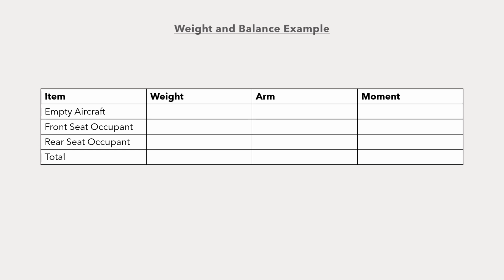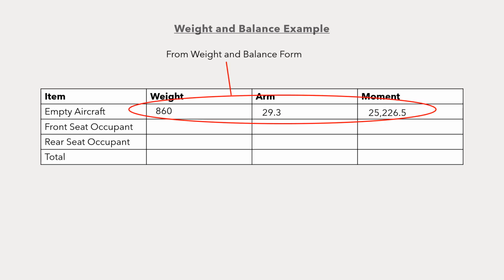Okay, now I'd like to go through an example of that calculation for a full-blown weight and balance calculation. So our first step is that we find that weight and balance form in the aircraft, and that tells us our empty aircraft weight and moment.